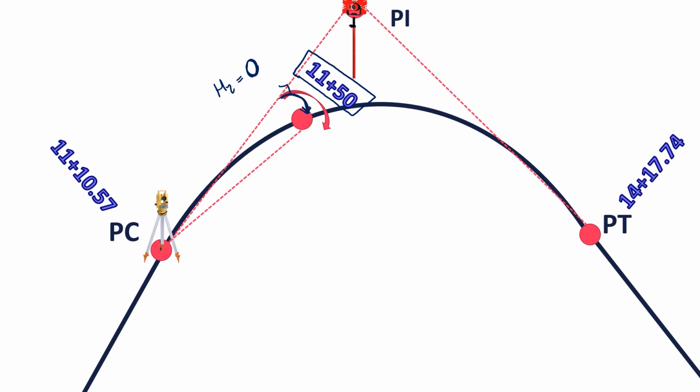And what if I could measure a certain distance from this point towards this point? Let's say this is X. So if you know by what angle you must turn the total station from this tangent length, and if you know this distance, then you can fix this point, or you can fix the point for each of the station points.